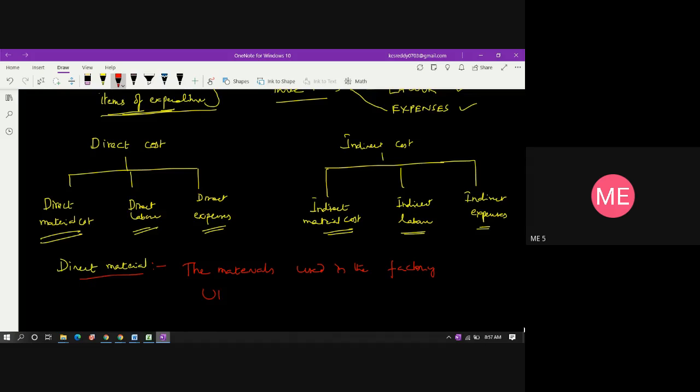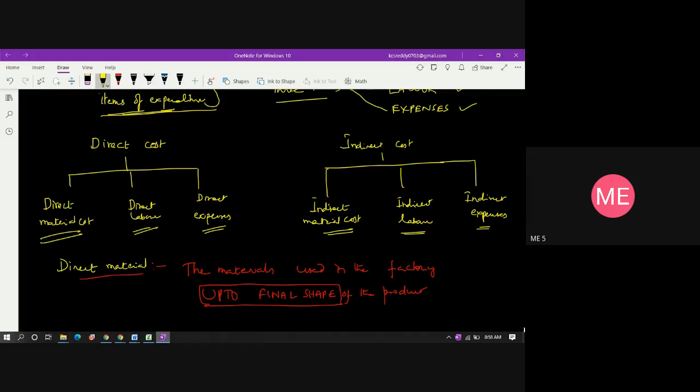up to the finished product, or up to the final shape of the product. Whatever materials are used in a particular factory up to the final shape of the product, directly, this is very important.